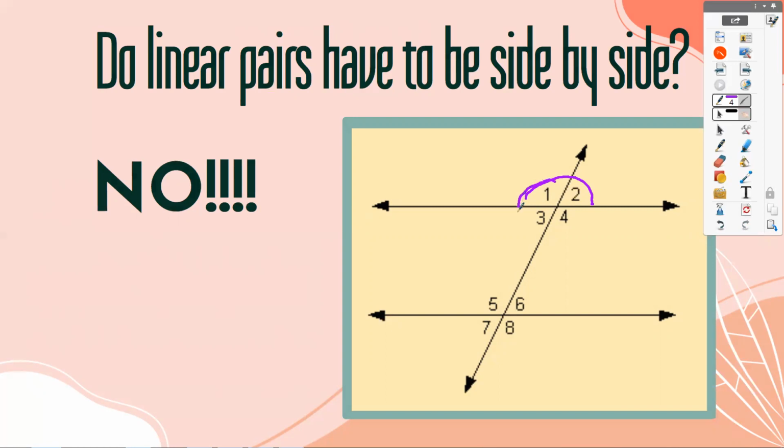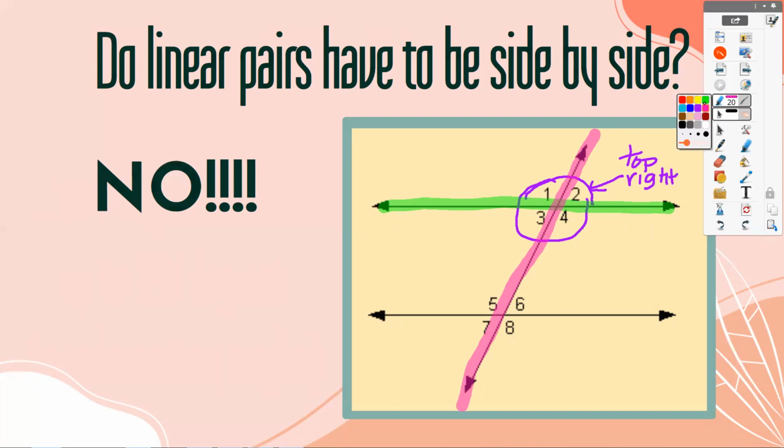So if I looked at this little cluster of numbers as a group and say I want to look at 2 specifically, I would say if this is my line that separates top and bottom, this 2 is on the top. And then if I looked at this line as separating left and right, 2 is on the right.